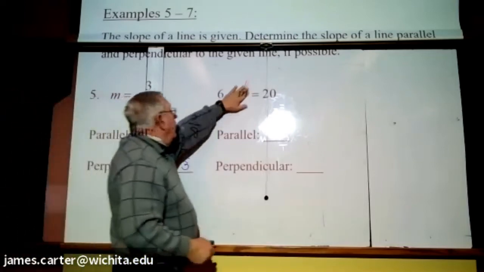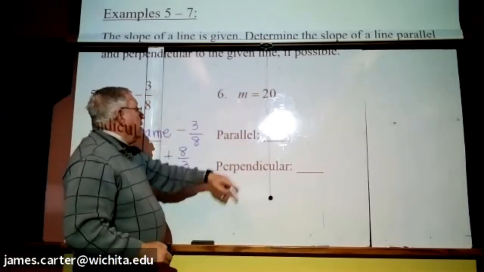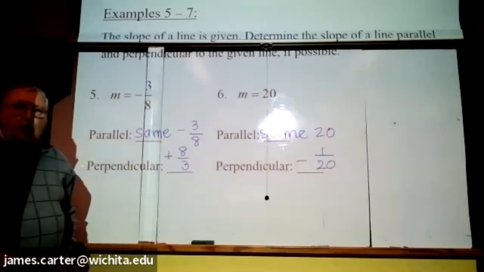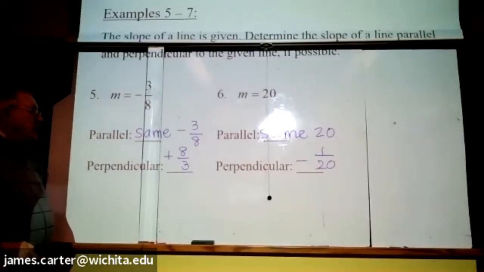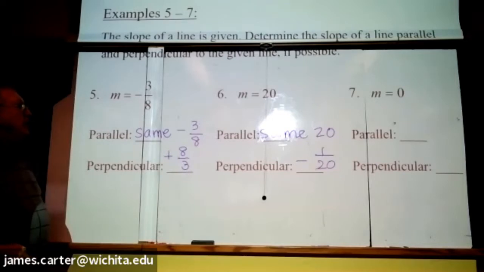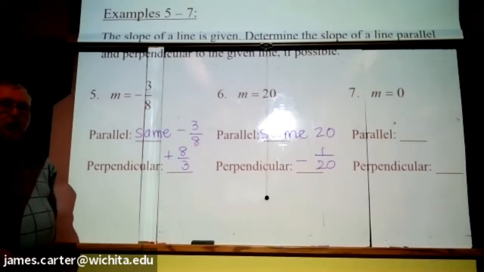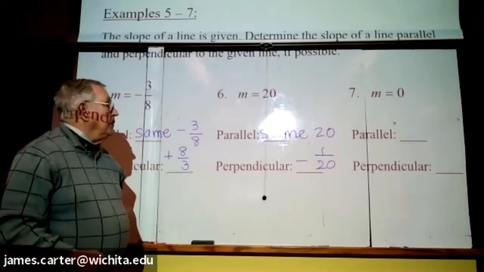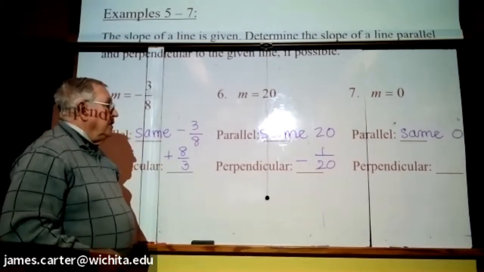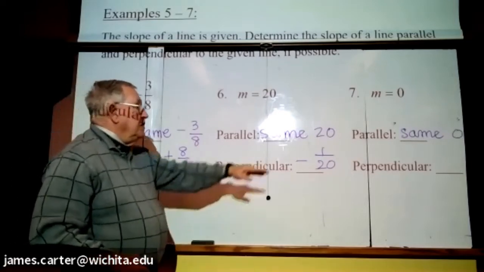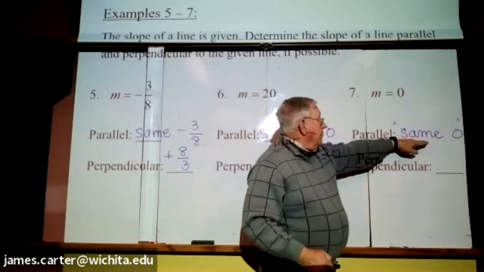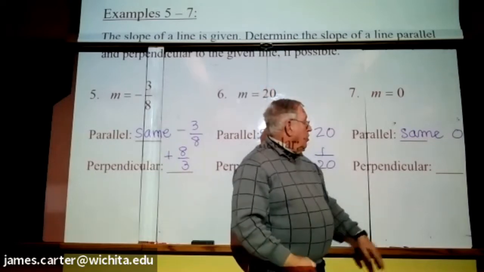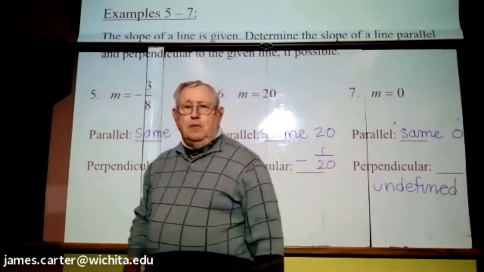Okay, if the slope is 20, then the parallel slope would also be 20, and the perpendicular slope would be 1 over negative 20, negative 1 over 20. If the slope is 0, what do we know about a slope of 0? That means that it's a horizontal line. It's going to be the same. And if this is a horizontal line, then a perpendicular would be a vertical line. So it's going to have an undefined slope in this instance.